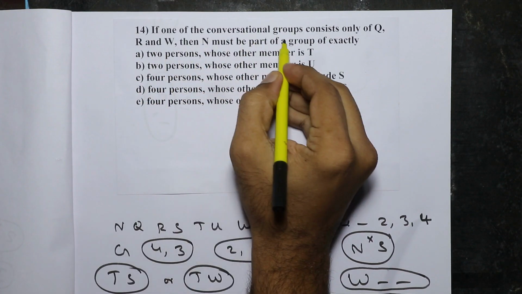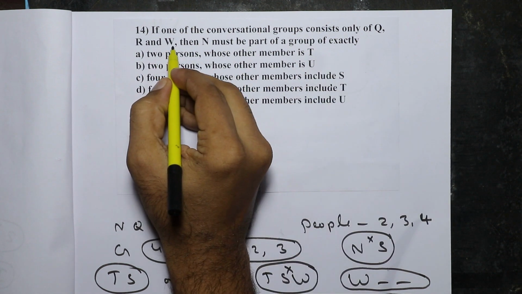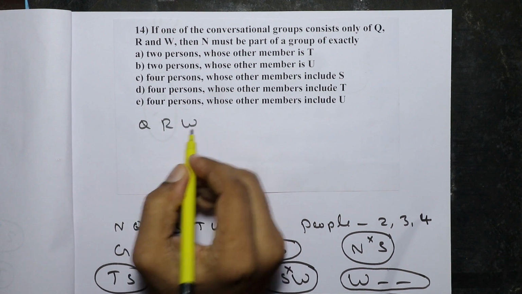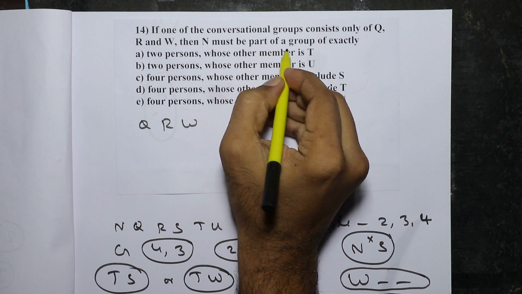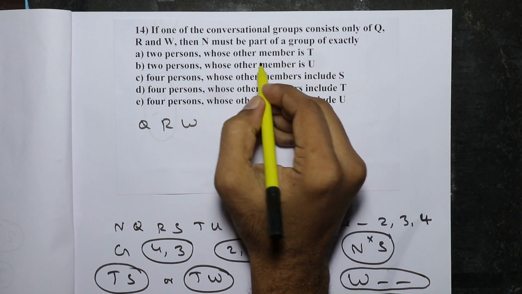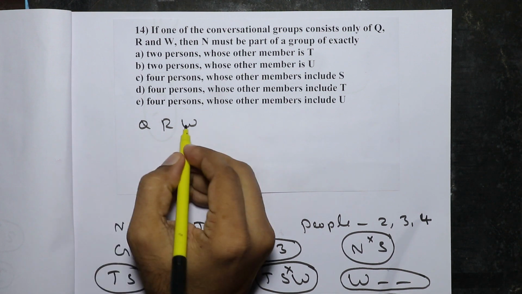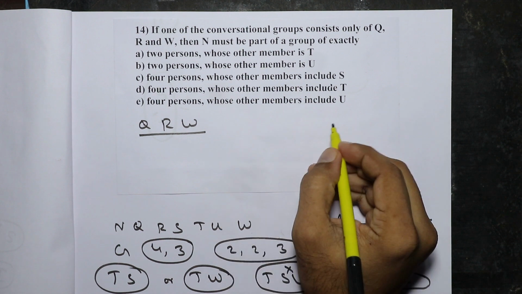If one of the conversational groups consists only of Q, R and W, and this group is completely finalized, then N must be a part of a group of what type? Now W should be in a group of 3 people and this group is fully finalized. Now we'll find out the other groups.